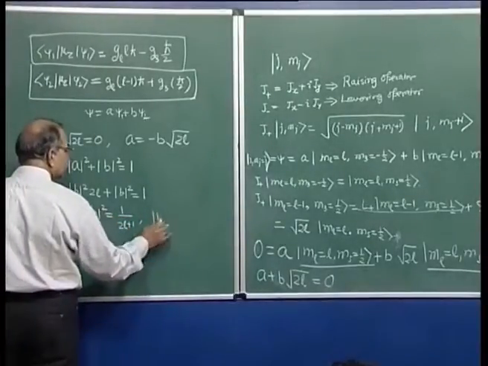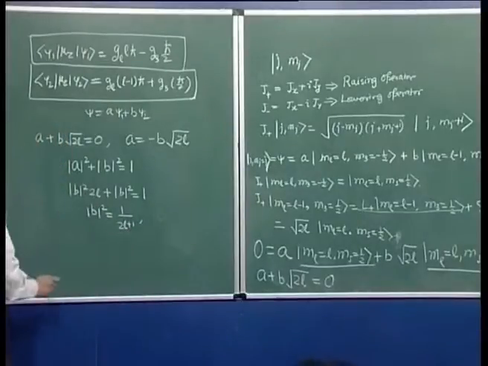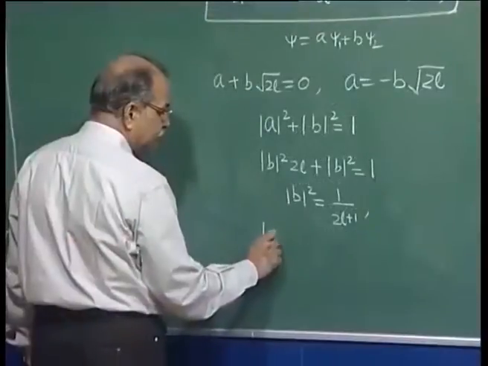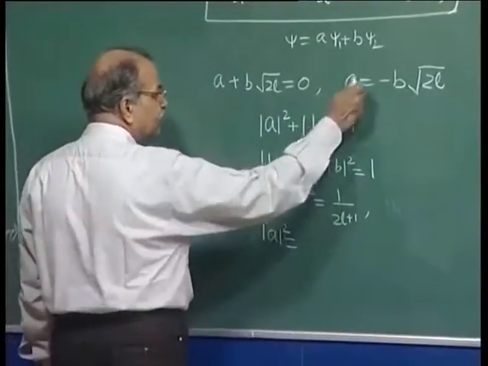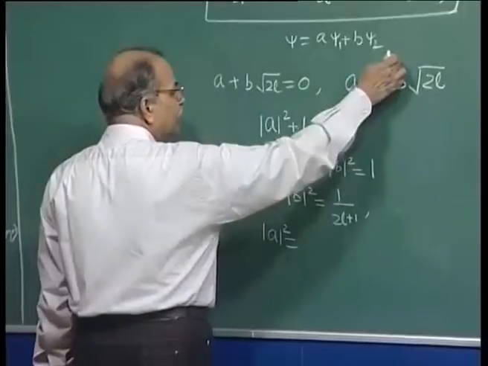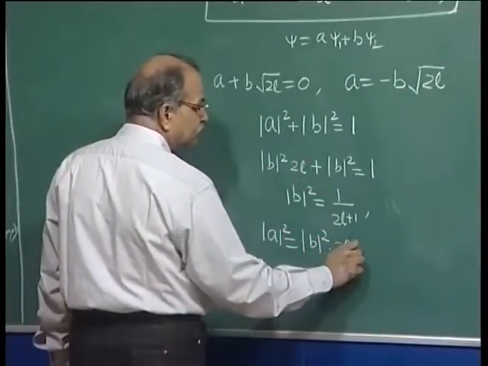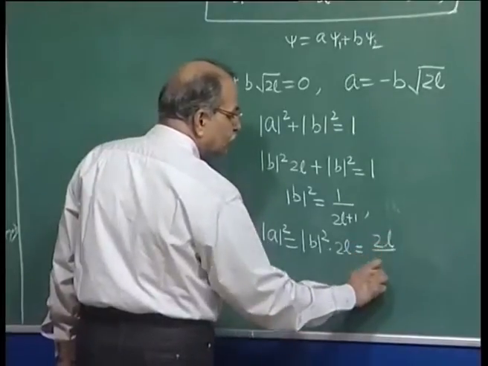And mod a square is mod b square times 2L, so it is 2L by 2L plus 1.